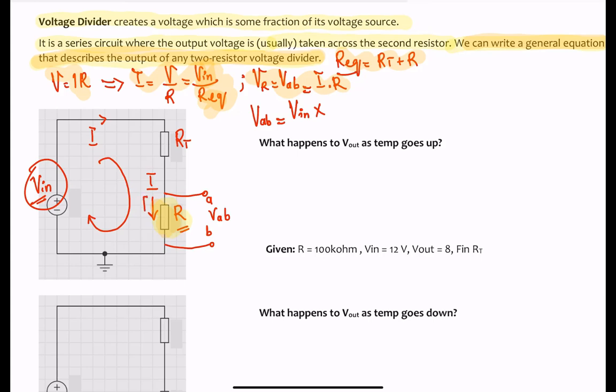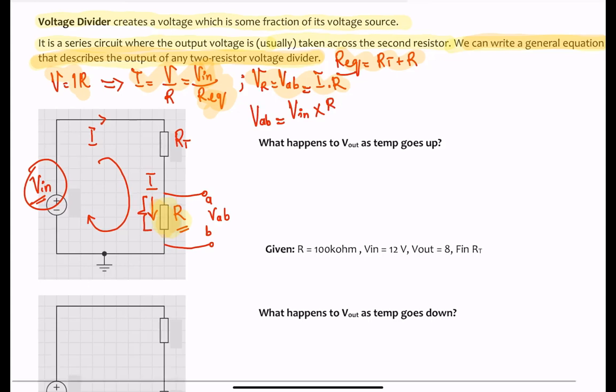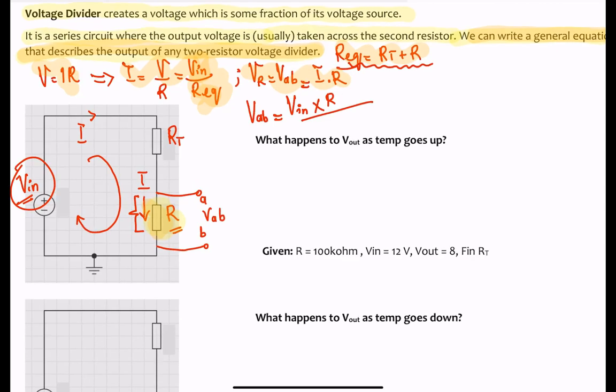In this case, it's that resistor over here. So Vin times R divided by the total resistance of the network. Because it's a series circuit, we just sum up all the resistances. In this case, it's RT plus R. This equation is going to give you the same answer that you would get from the equation over here.